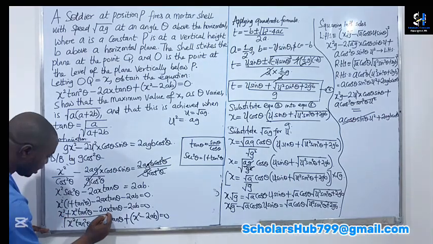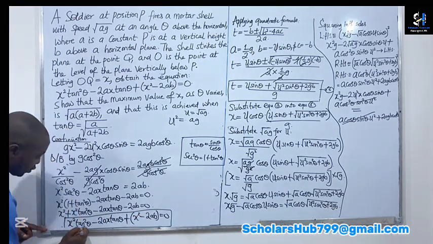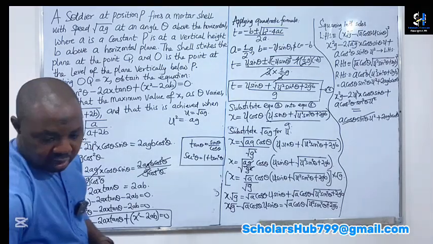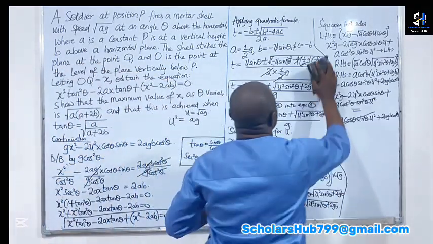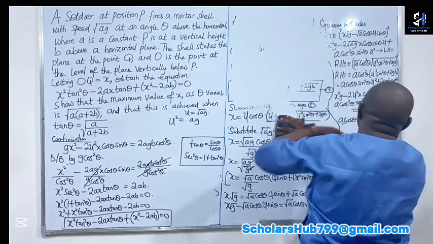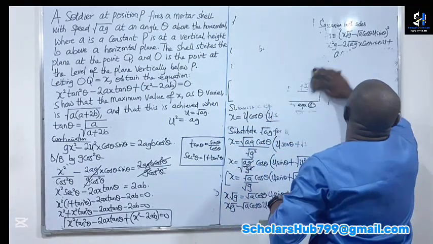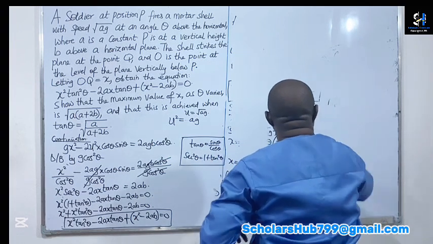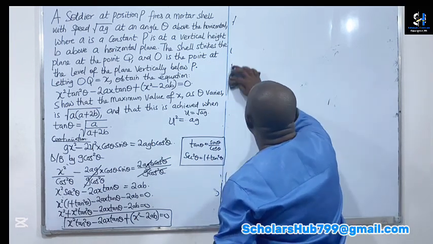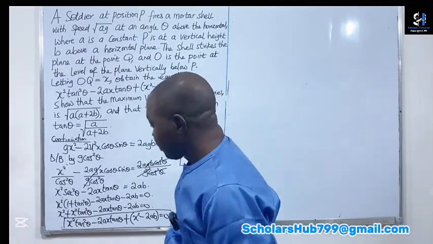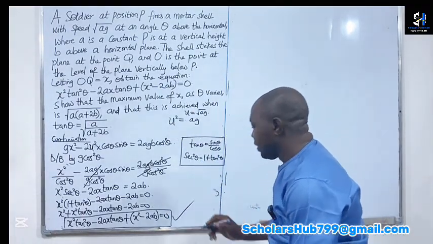So we just obtained the equation, and that is the first question, which is our first task. This one is when we square it, so we're going to get cos squared theta in that case.